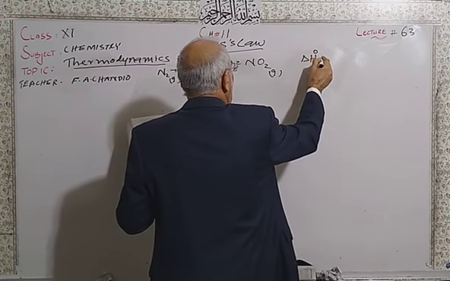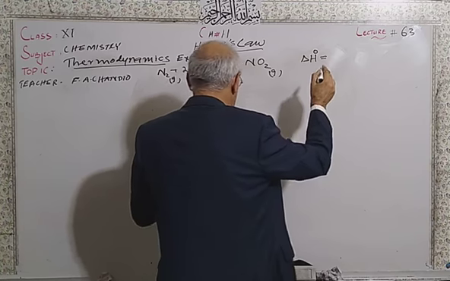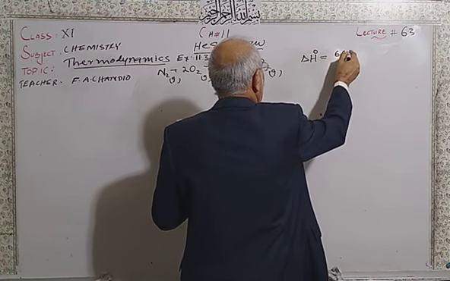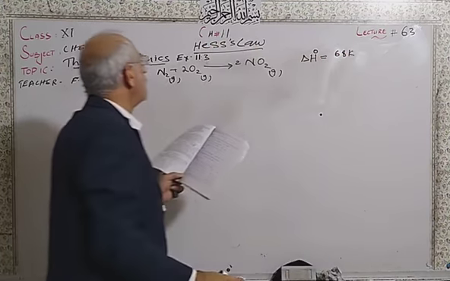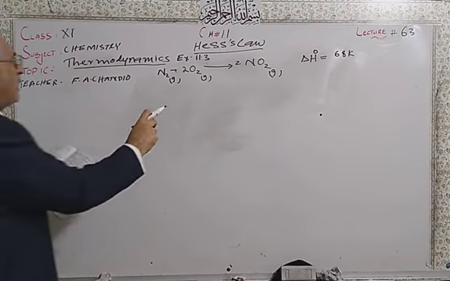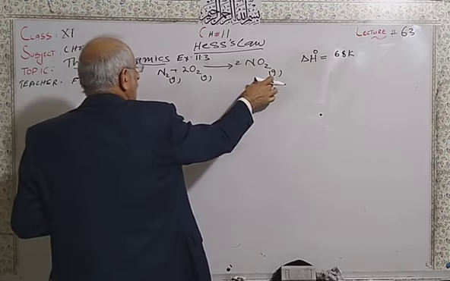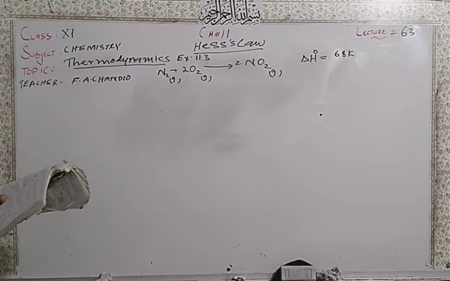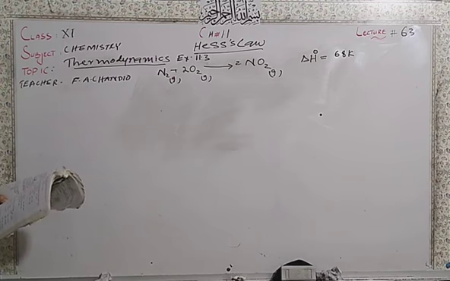The change in enthalpy at standard states is 68 kilojoules. This is A into B, initial state and final state. The chemical reaction completes in one step.